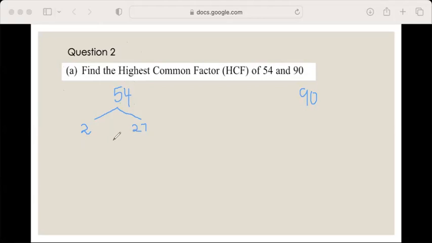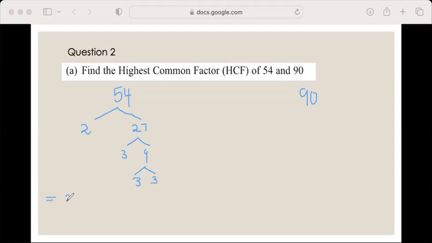Right. So 27 is not a prime number because 27 is actually 9 times 3. So 3 times 9 is 27, and 9 also we now factorize to be 3 times 3. So now we have arrived at all the prime numbers.